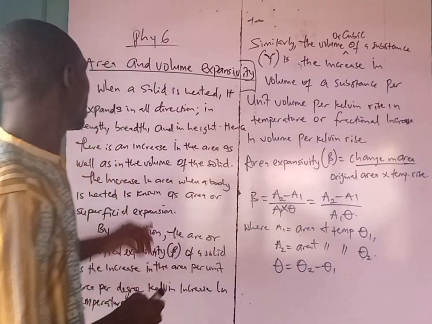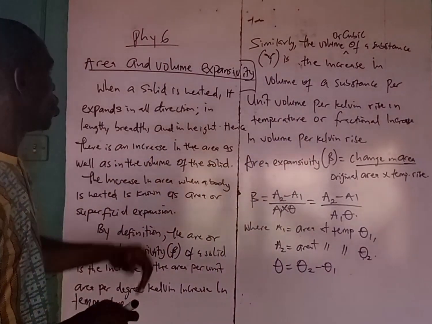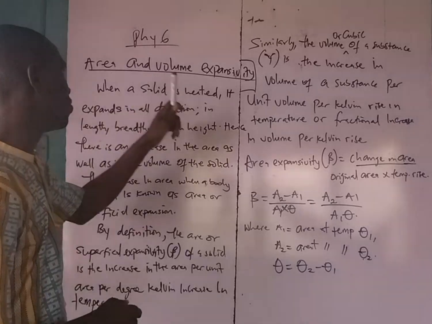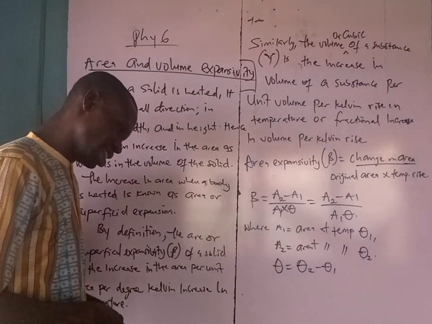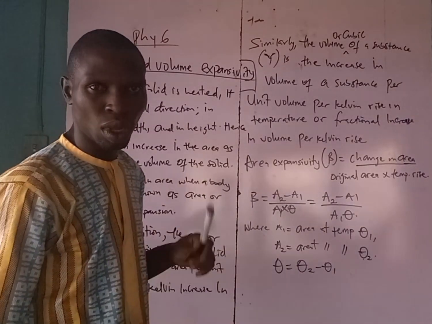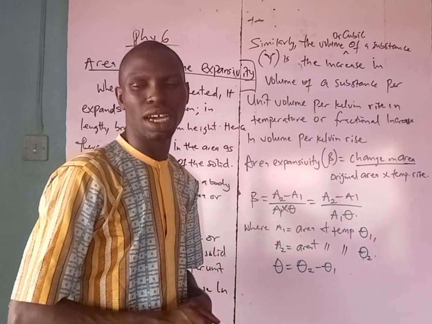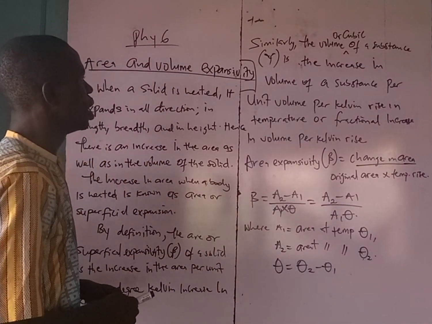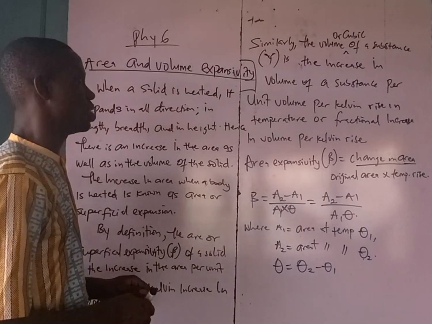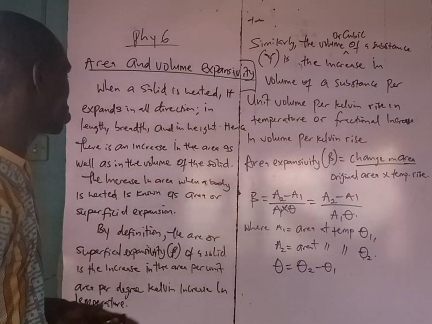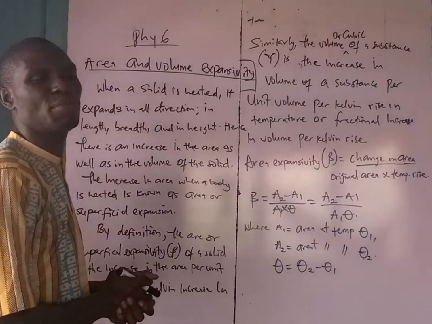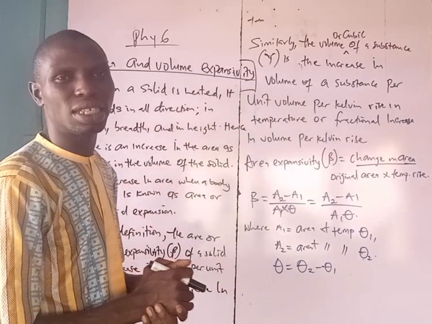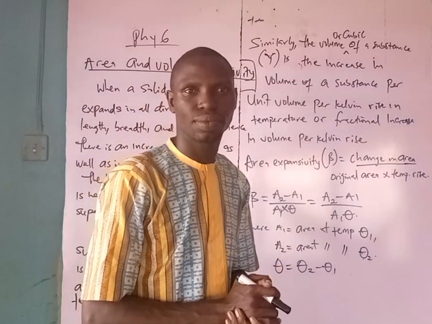Now let's quickly take area and volume expansivity. We've talked about linear expansivity, and now let's see the area and volume expansivity. Without wasting much of our time, we said when a solid is heated, the length will increase.